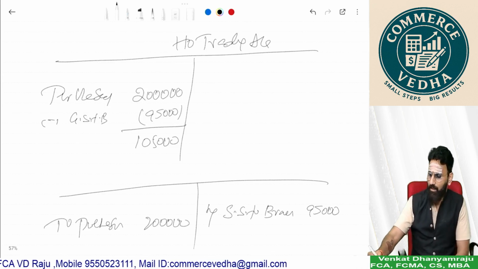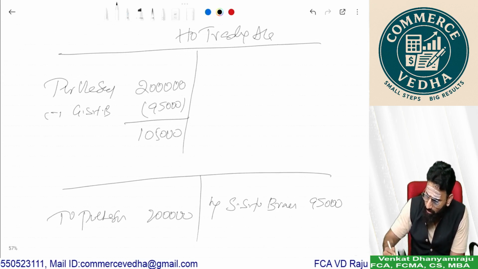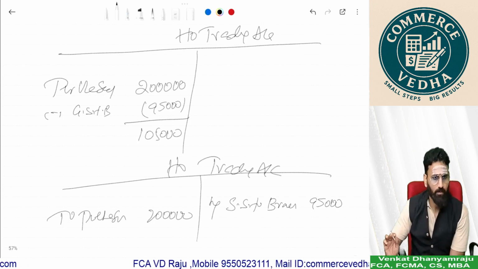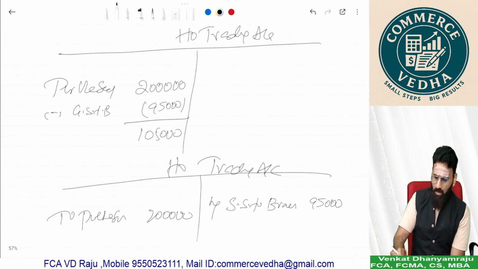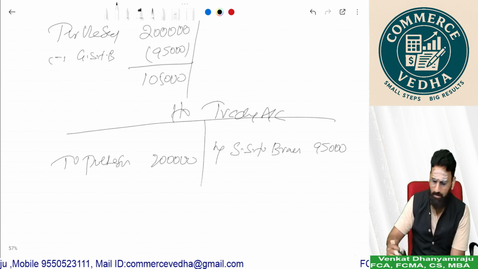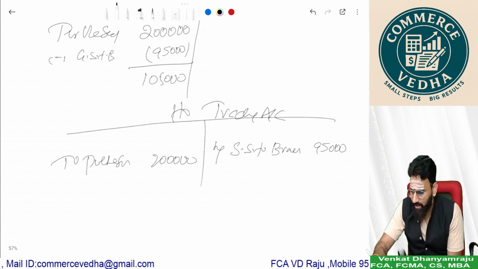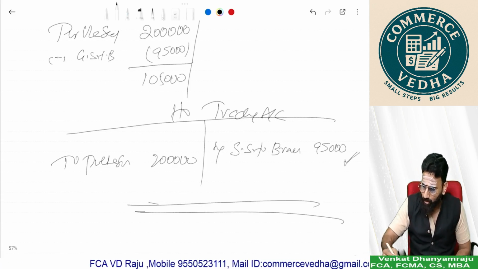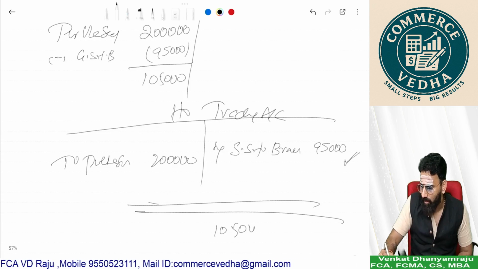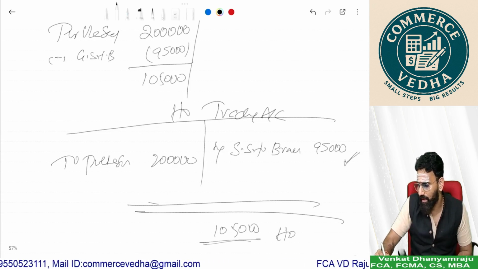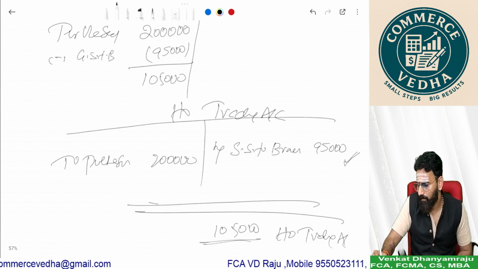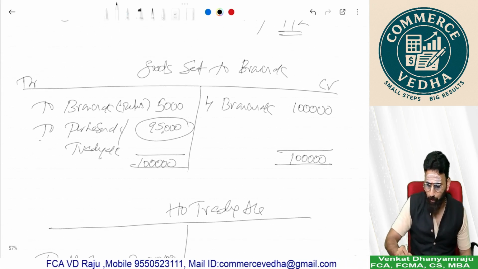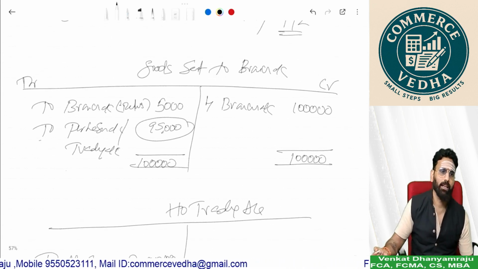If you post on the trading account, this is HO trading account, either you reduce from purchases or you keep the purchase as it is and post on the credit side of the trading account goods sent to branch. The net impact is only 1,05,000 on HO's trading account, right? So the entry is either to purchase or to trading account.